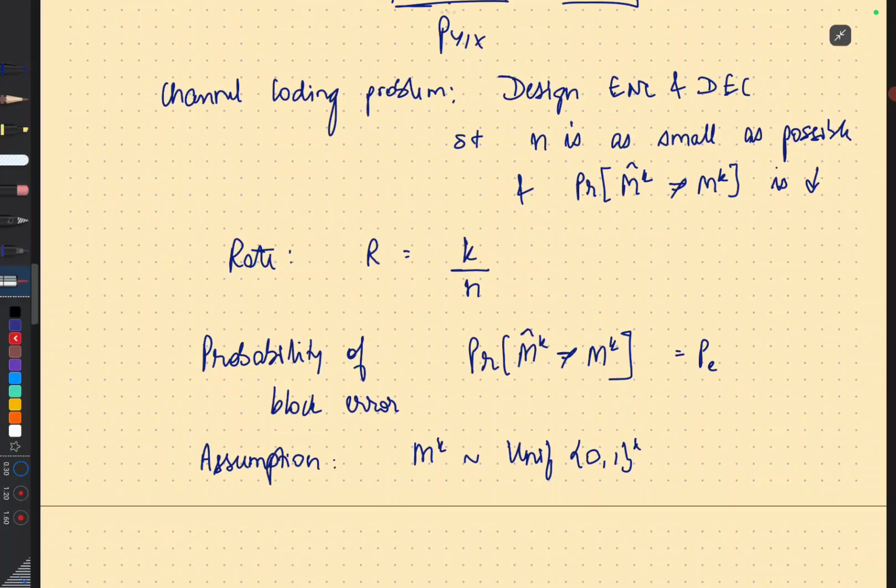But one thing to note is that when I say probability of block error, this is also called the average probability of block error. This probability is taken both over the choice of the message and the randomness introduced by the channel. So there are two sources of randomness here. One, because the message is random, that is, this sequence of bits is random. And the second source of randomness is coming from the channel itself, the noise that is being introduced by the channel.